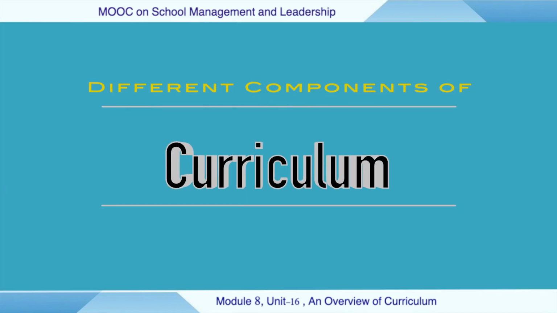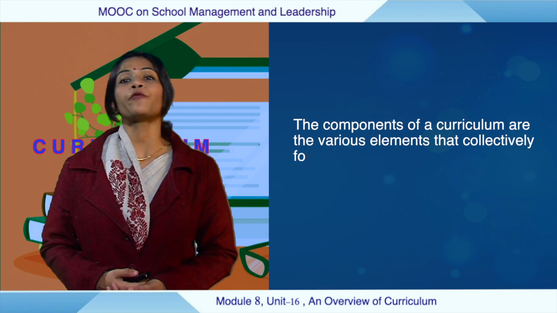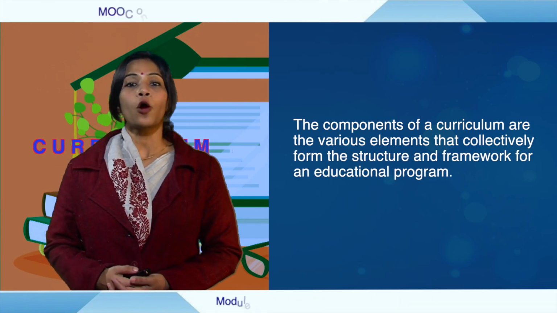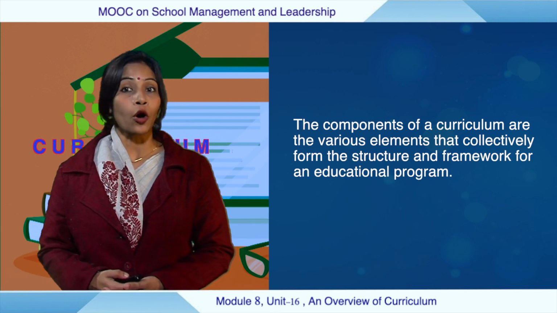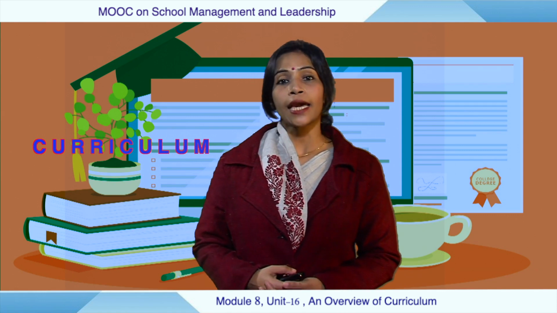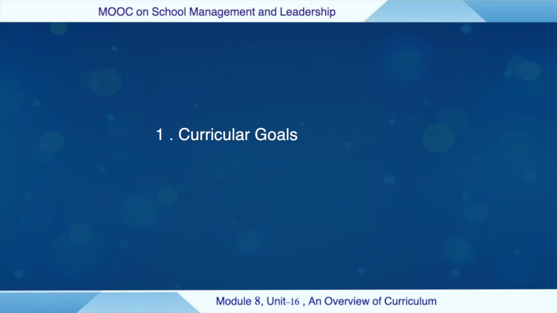So what are the components of curriculum? The components of curriculum are the various elements that collectively form the structure and framework for the educational program. Here you will get the curricular goals and objectives. This is one of the components. Then curricular content that we have already discussed.